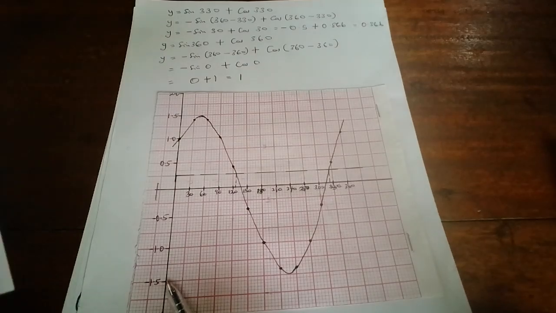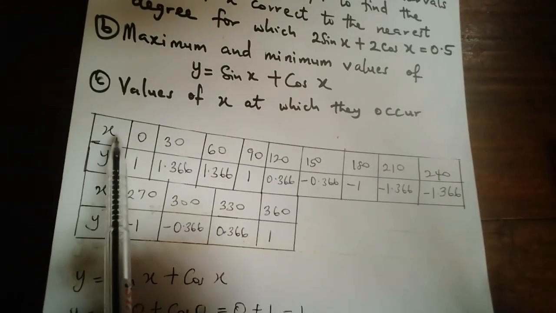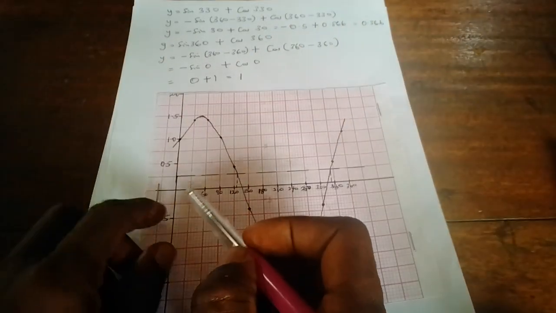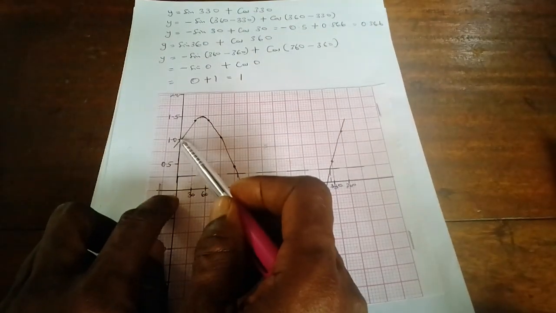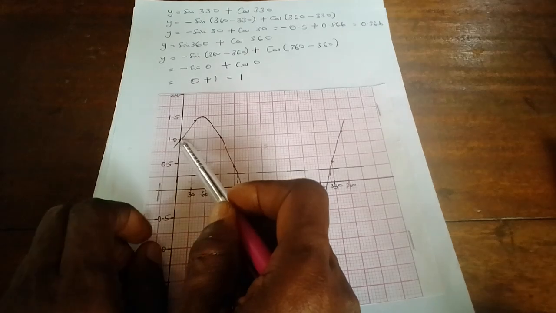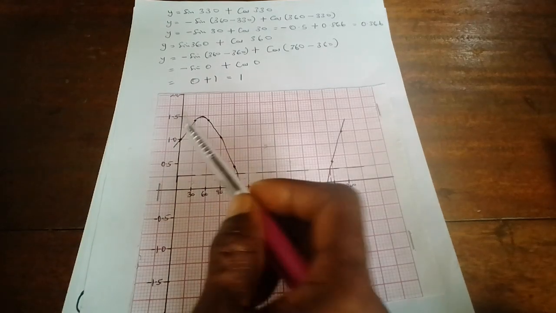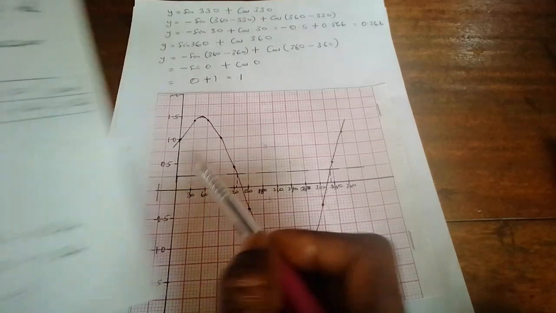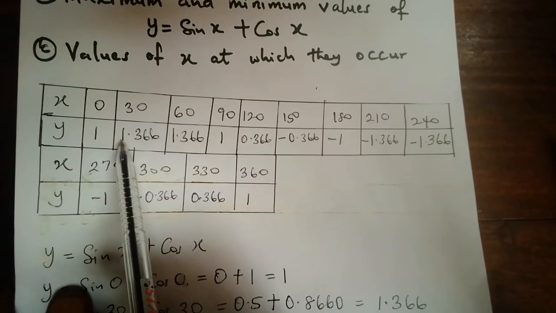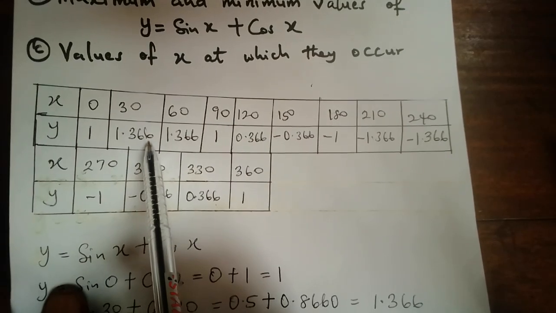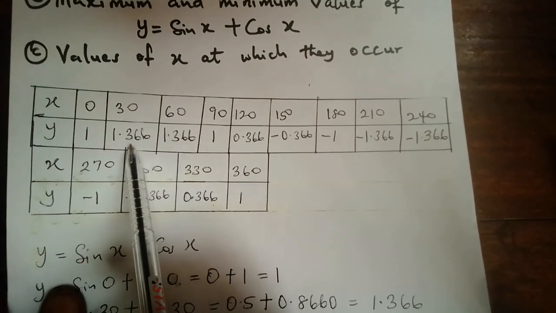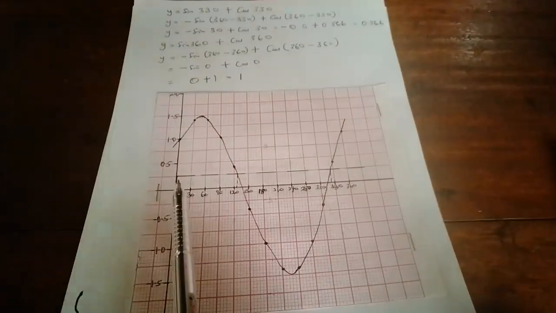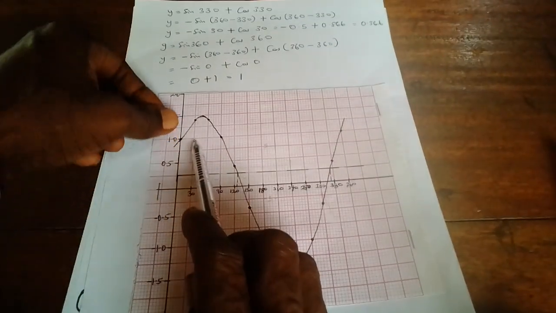Now, if you look at my table, when x is 0, y is 1. So that means it will be here. When x is 30, y is 1.366. Because you cannot easily get 1.366 on your graph, you do it to 1 decimal place, which will give us 1.4. So you are going to look for 1.4 on your graph.